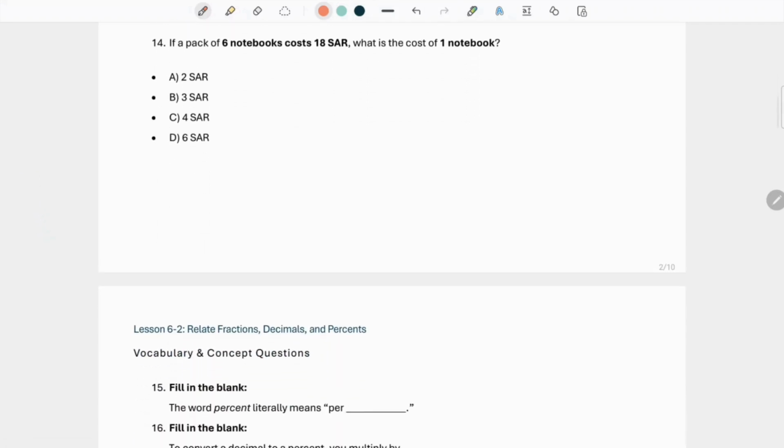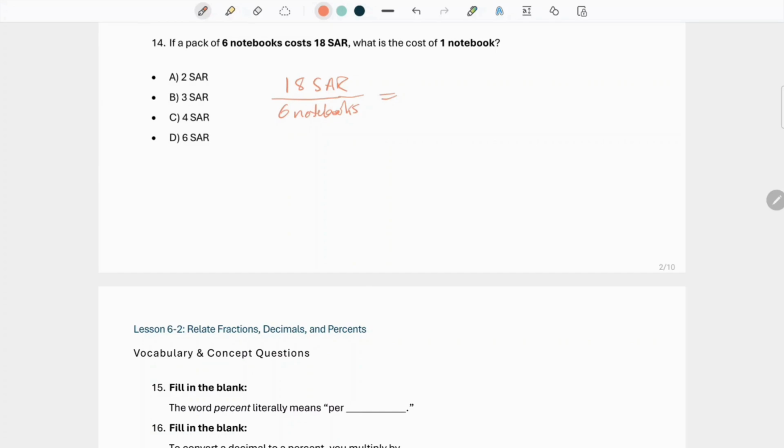Number 14. If a pack of 6 notebooks costs 18 riyals, what is the cost of 1 notebook? Okay, so again, the quantity we want 1 of, put it at the bottom of the fraction. So we've got 6 notebooks and we have 18 Saudi riyals.